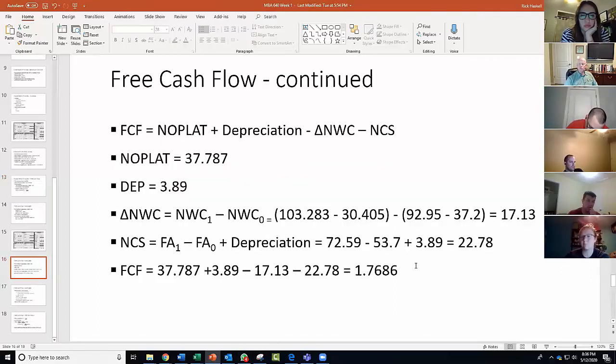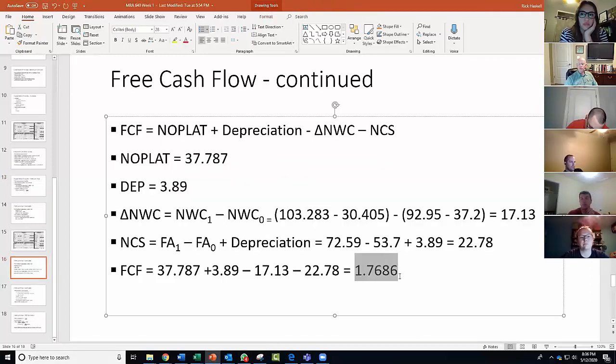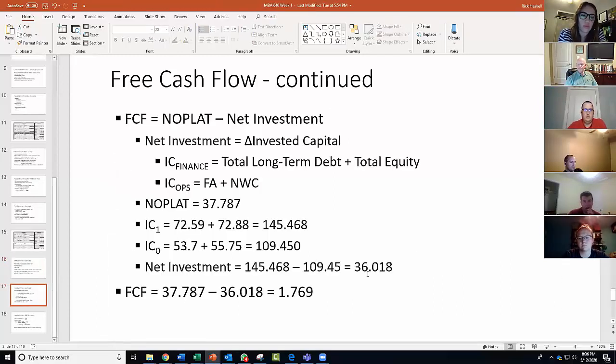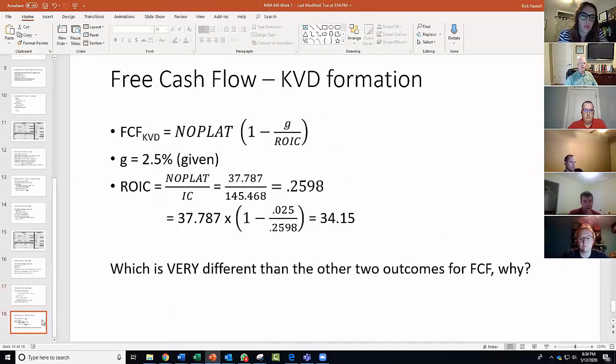Remember that the first two forms of free cash flow came up with about 1.77, let's say. And then when we apply that third formulation, free cash flow is 34.15, which is a very different number, especially when we're talking millions, than 1.77.